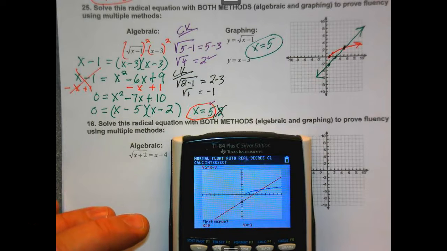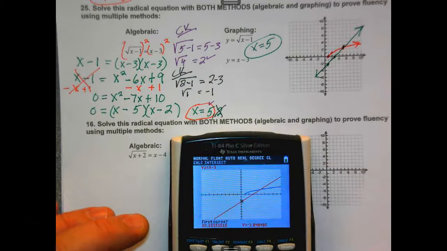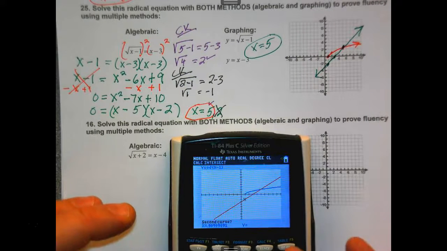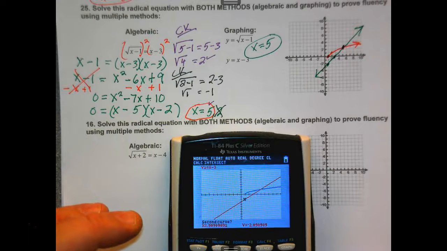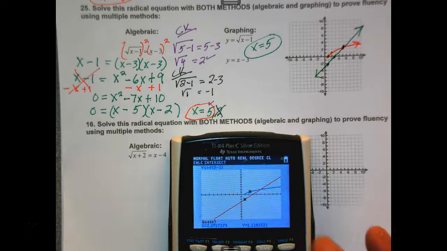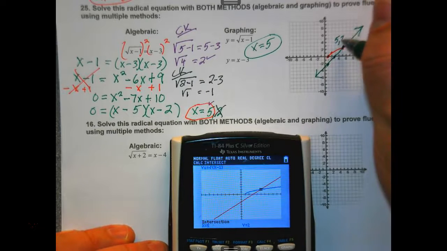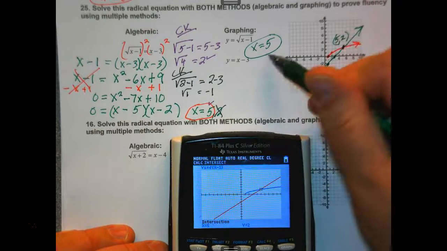It asks for the first curve. Make sure you're somewhere on that line. Hit enter. And then it's asking for the second curve. Make sure you're on the second line. Hit enter. Then enter again. And it gives you the point 5, 2. And of course, we're looking for x, which is 5.